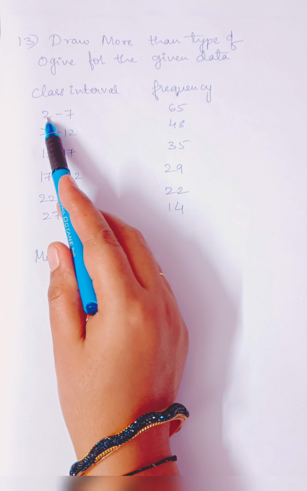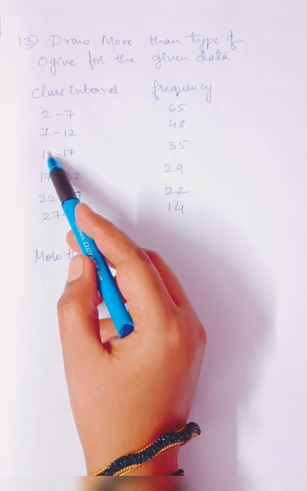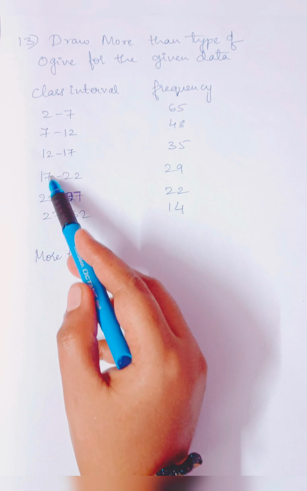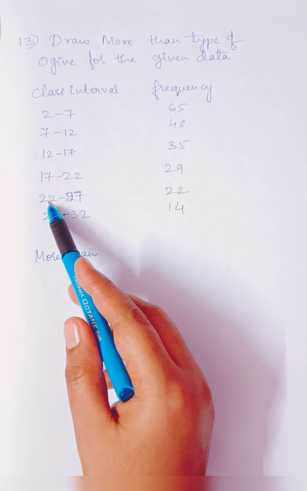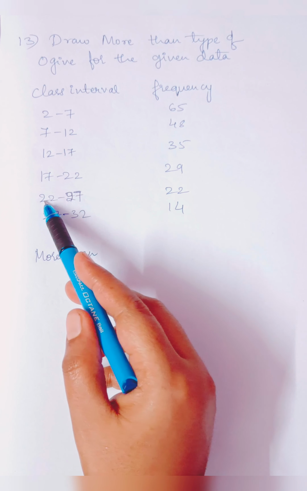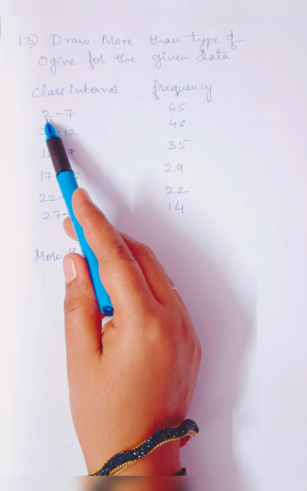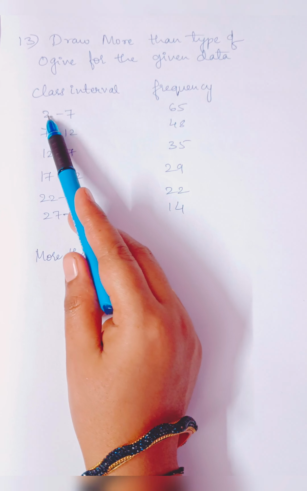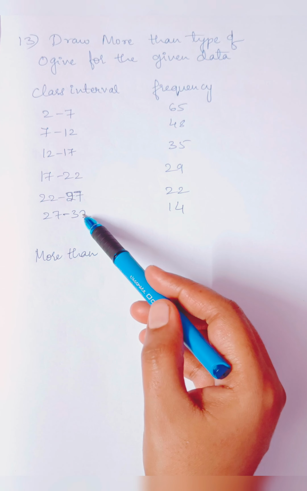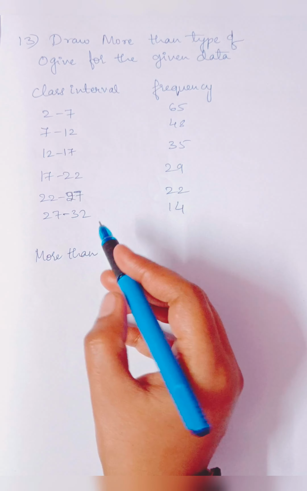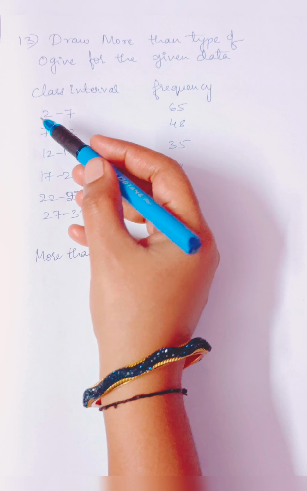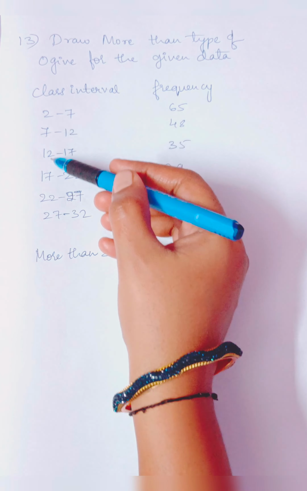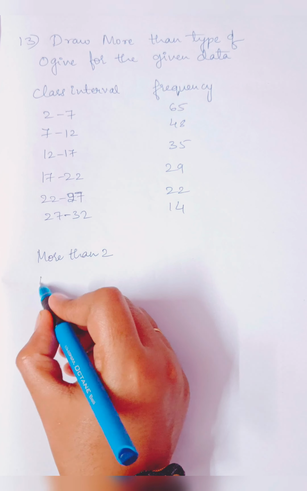Now more than in the sense we have to take the lower limit values. This is the lower limit, this is the upper limit. So lower limit values are what? 2, 7, 12, 17, 22 and 27. So more than in the sense it starts from here and ends still here. Okay, so I'll take more than 2. Then more than 7. I told you that we are going to take all lower limit values.